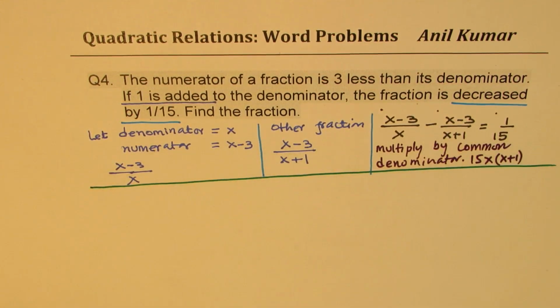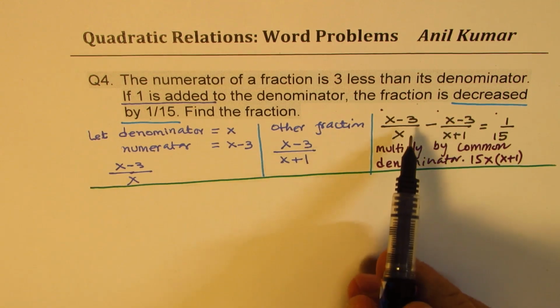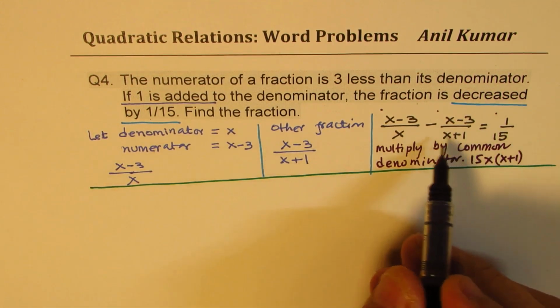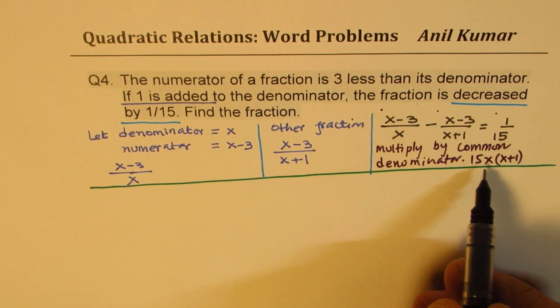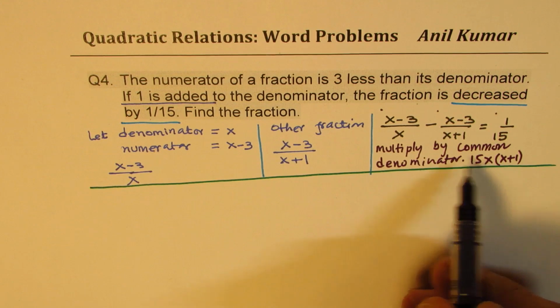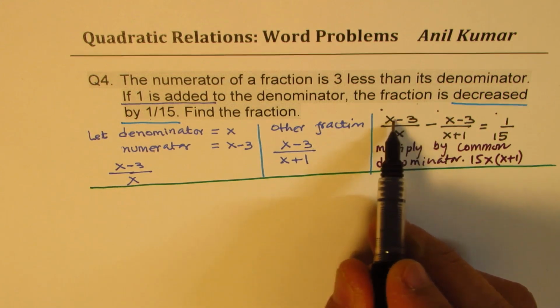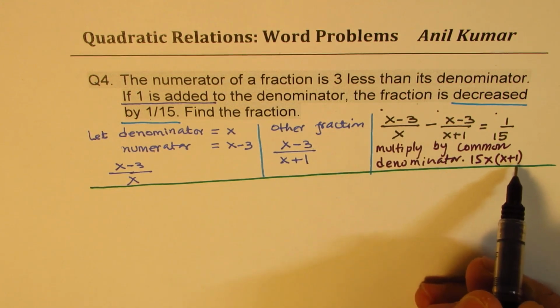I think this part is absolutely clear, how we made our equation. Now how to solve the equation. When you multiply this term by 15x times x plus 1, x is already there, so the numerator should be multiplied by 15 times x plus 1.